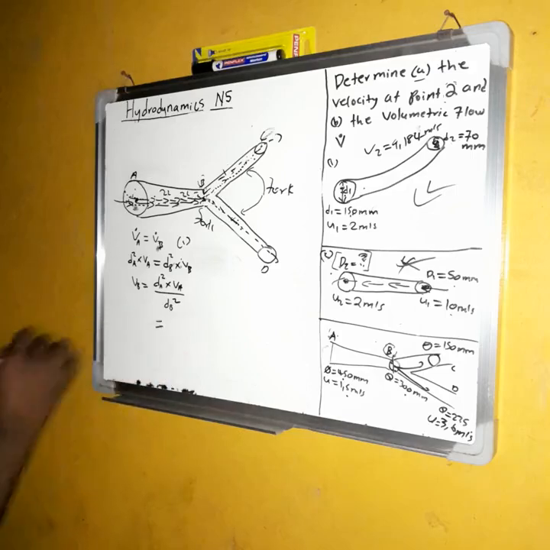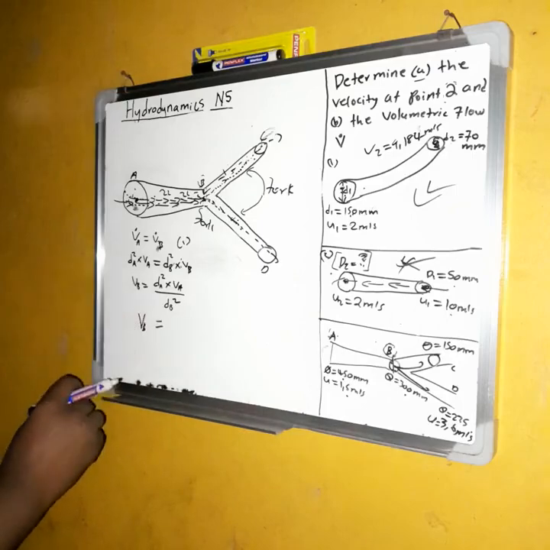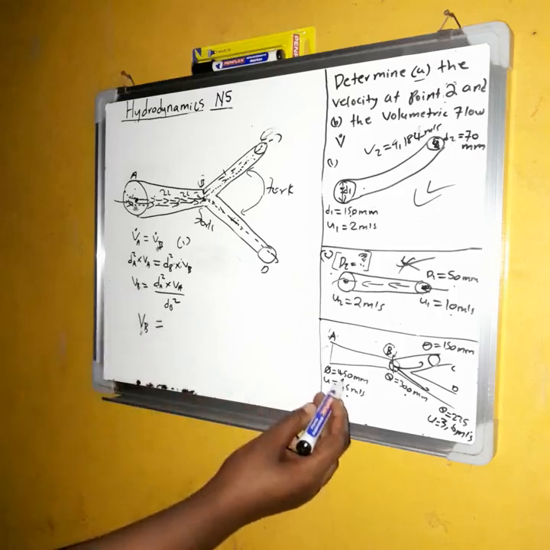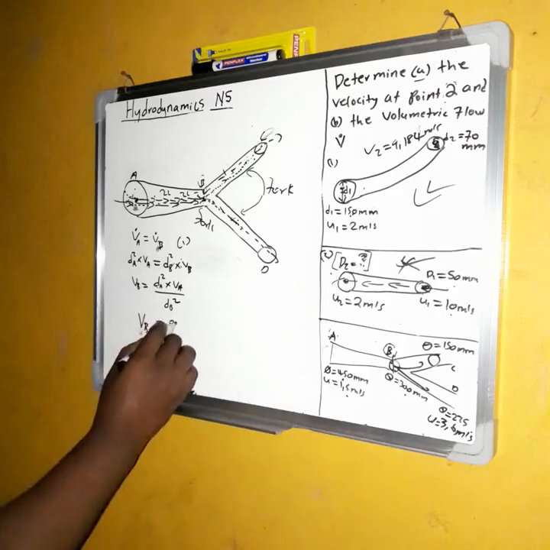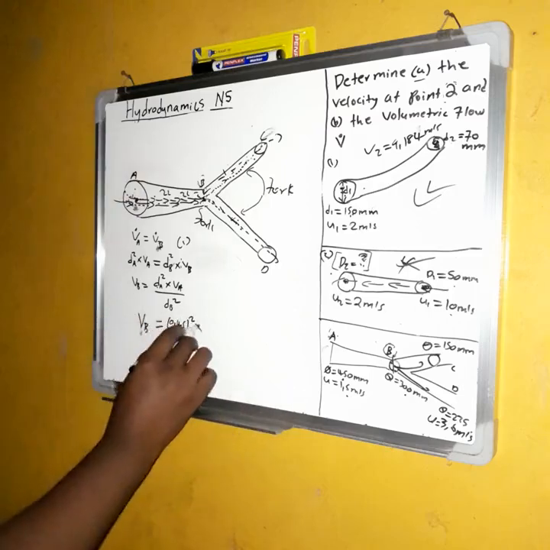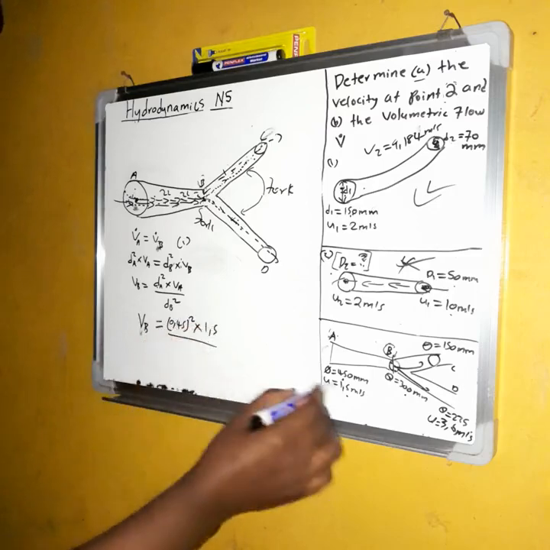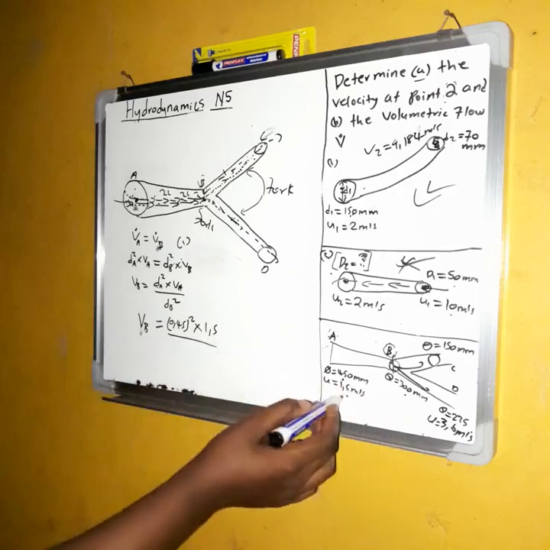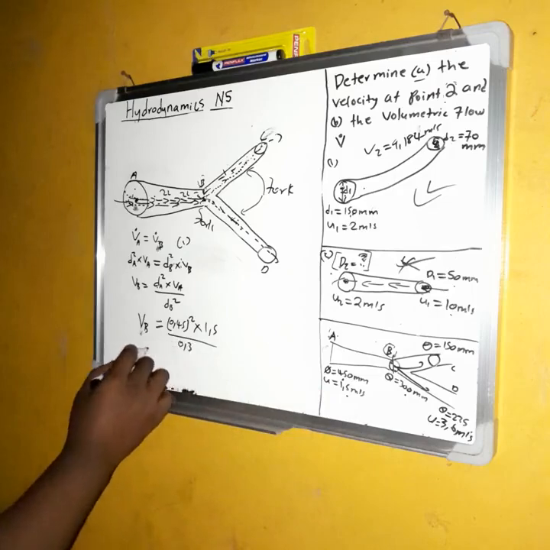So you know that VB, the velocity at B, equals the diameter at A, which is 450 divided by 1000, which is 0.45 squared. Do not forget to square. Multiply by the velocity, which is 1.5 at A. The diameter at B is 300 divided by 1000, that will be 0.3.